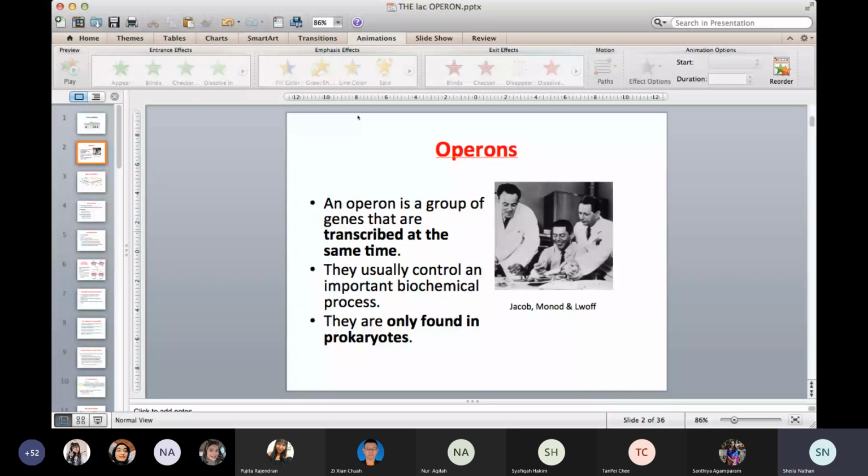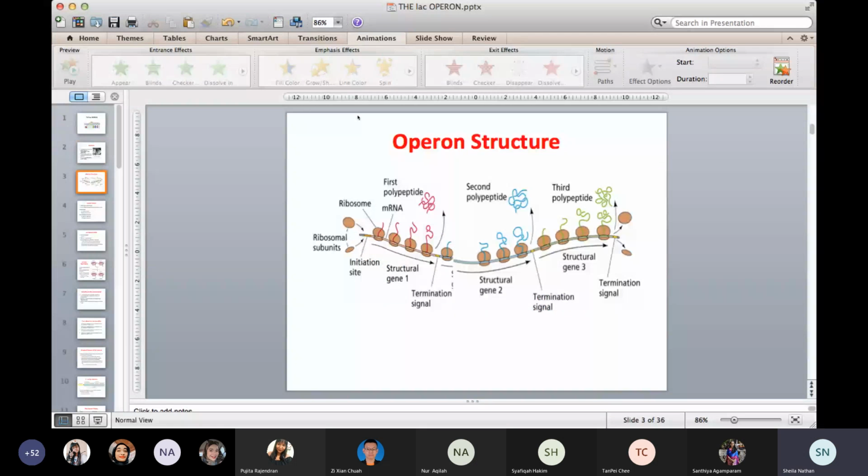This is just a simple cartoon showing what I've just said. You can see here gene 1, gene 2, and gene 3. Gene 1 will produce polypeptide 1, which is folded into protein 1. Gene 2 will produce the second polypeptide, which becomes protein 2, and so on.